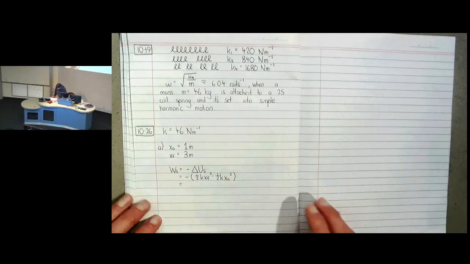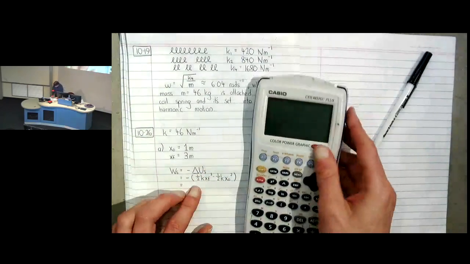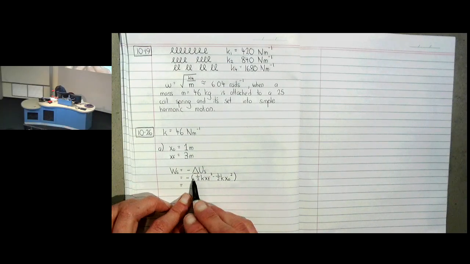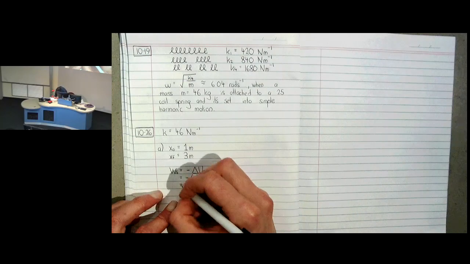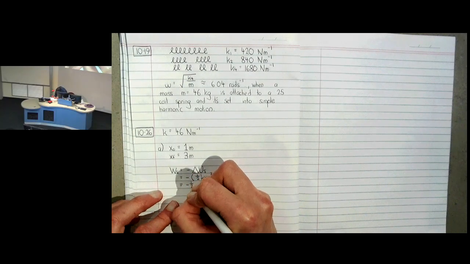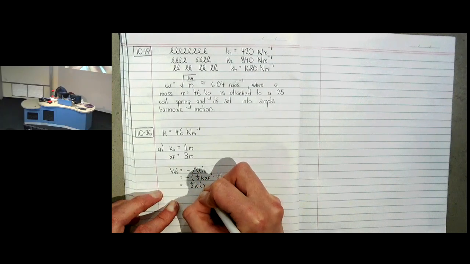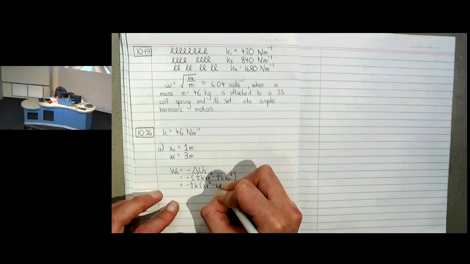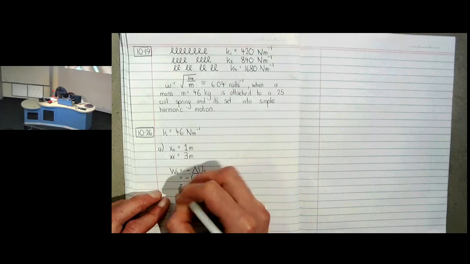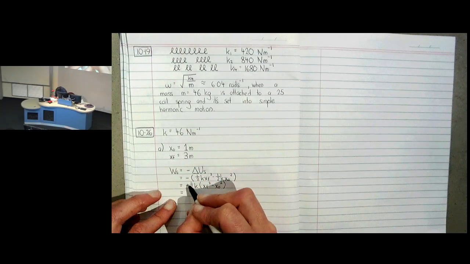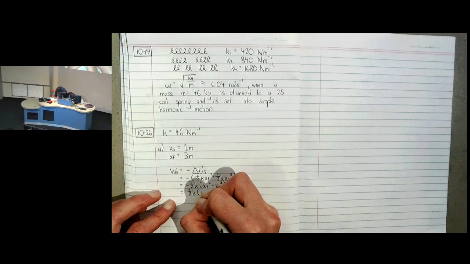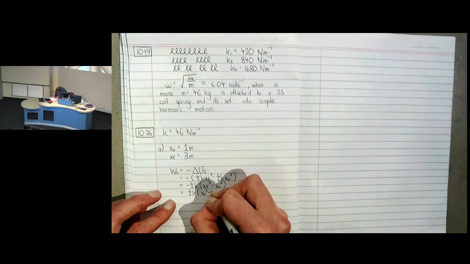And so for this situation, we could do a bit of simplification. We have a common factor of a half K, so we can pull that out outside the brackets. And so this is just going to be a half times K times XF squared minus X0 squared. And we can also cancel out this minus sign.